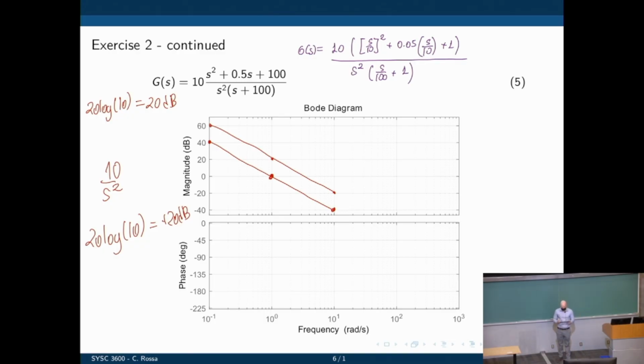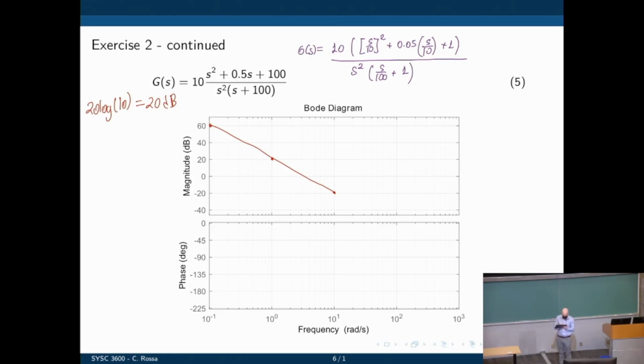Right? So that's where we should see it. Does that make more sense? Yeah? Okay. All right. So that's where it starts at 60.